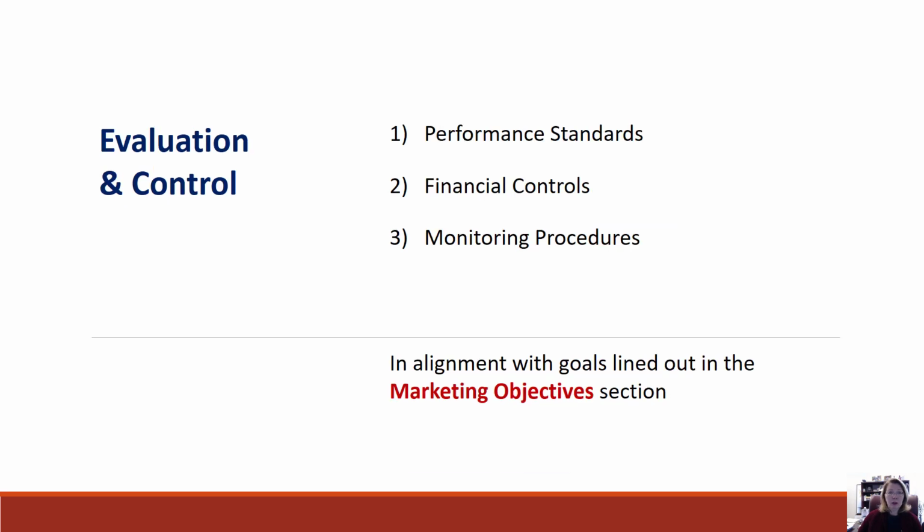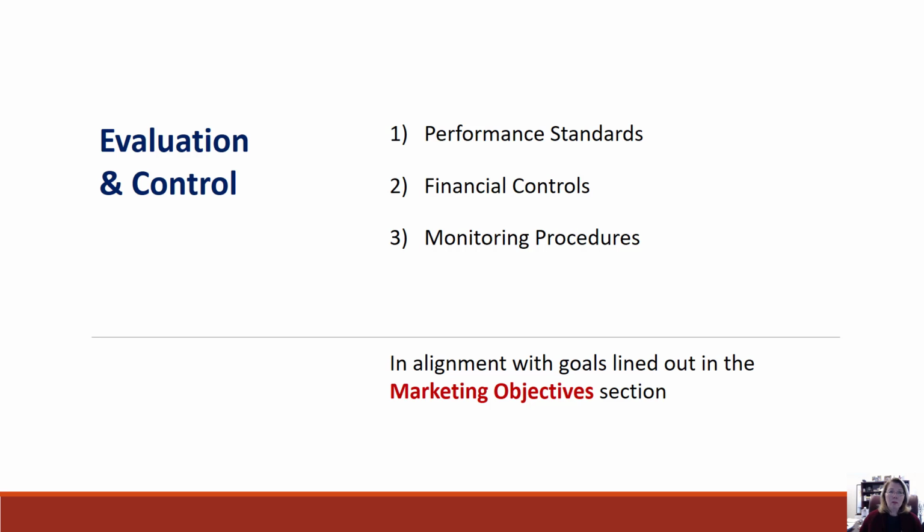In the evaluation and control section, the conversation in this draft section tracks back to the marketing objectives portion of your marketing plan. So if your goal is to sell 4,000 bottles of wine in the first year, how are you going to measure that performance? What's your performance standard? Is it dollar sales? Is it unit sales? And then how often are you going to track your progress?